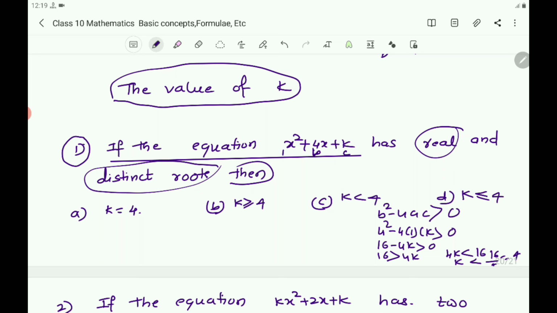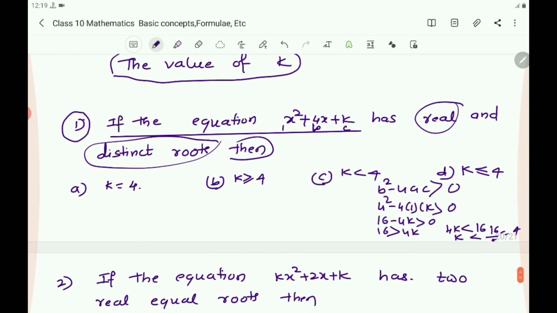So you can have k is smaller than 4. What is the answer here? K is smaller than 4.